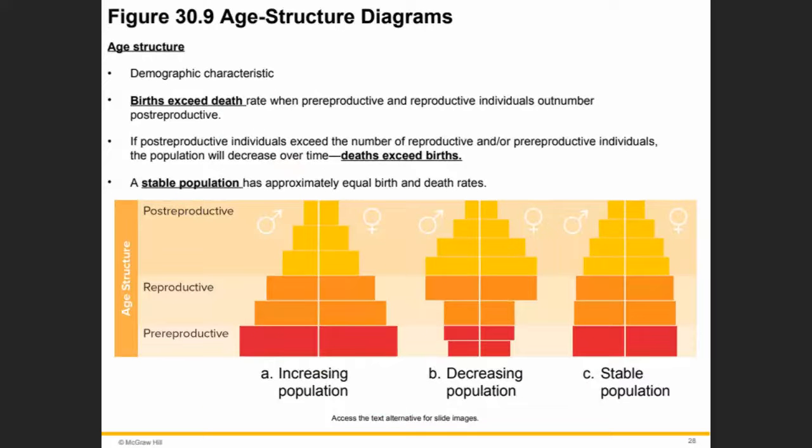So let's go back to this age structure diagram again, because we are going to talk now about the demographic characteristic: the birth rate exceeding the death rate when pre-reproductive and reproductive individuals outnumber the post-reproductive.